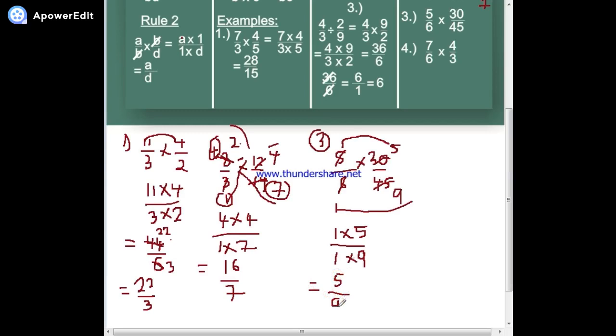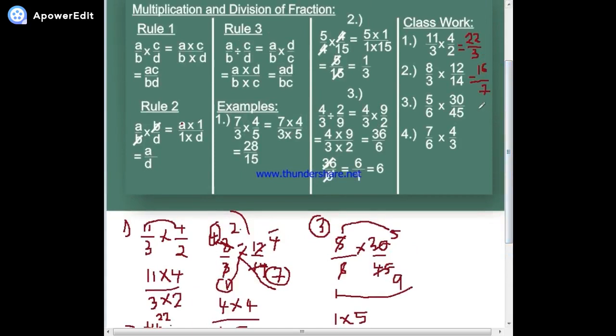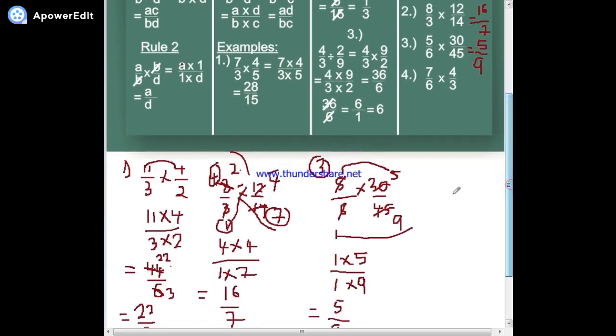So our final answer is 5 over 9 for question 3. Now, let's move to the last question on the classwork section.